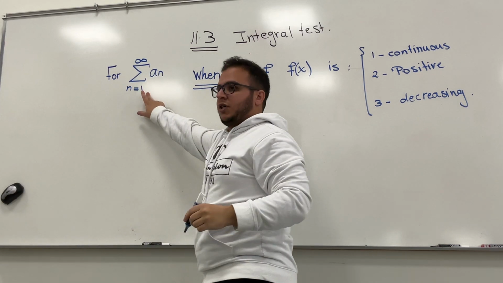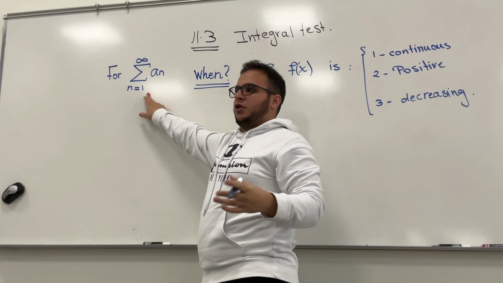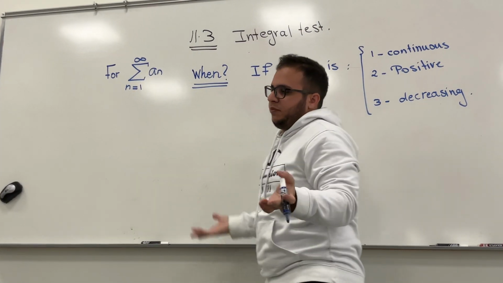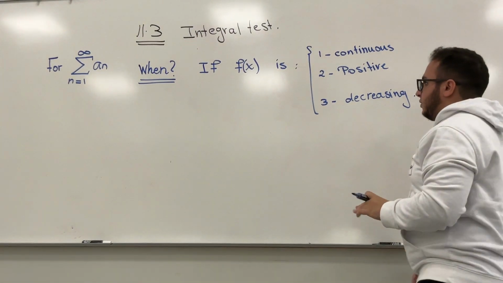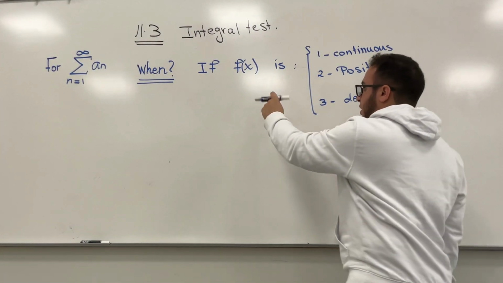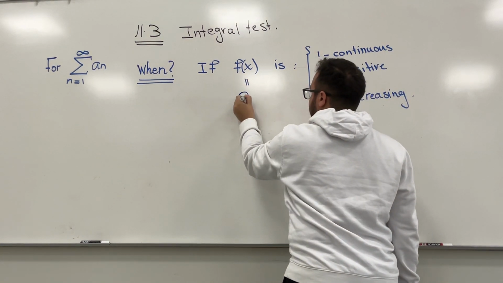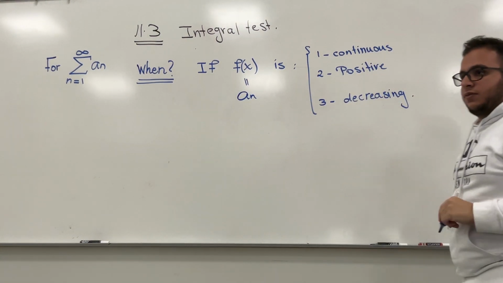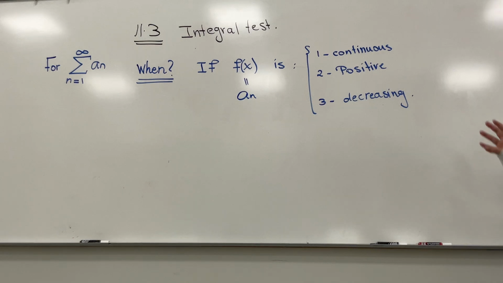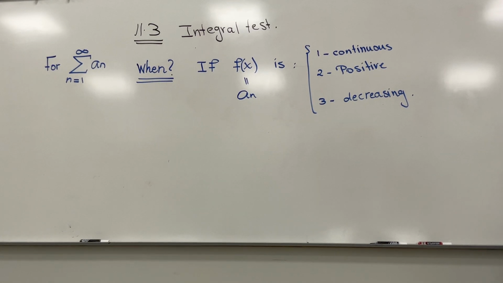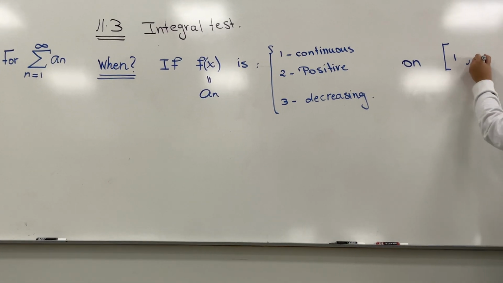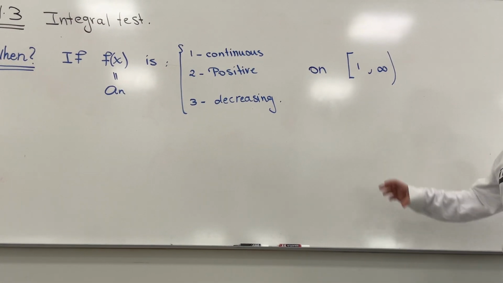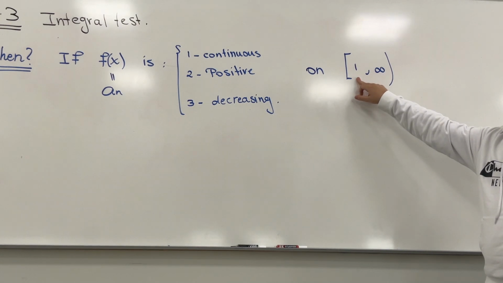There is nothing special about 1. It could be 2, 3, 4, 5, it depends on the question. If f of x, which is equal to the sequence inside that series, is continuous, positive, and decreasing on the interval 1 to infinity, again, there is nothing special about this one.